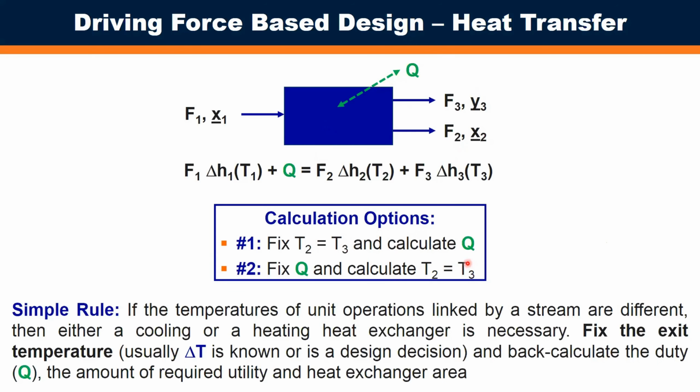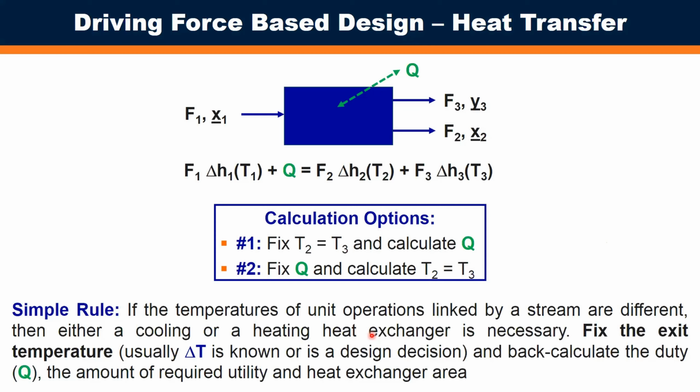Simple rule for that: if you need to change temperature because two unit operations that are connected by a stream have different temperatures, you either need to add cooling or heating. The simple rule is to fix the temperature and back calculate the duty, because typically the temperature change or driving force is known, or it's a design decision. So you may have certain utilities only available that will dictate the driving force.